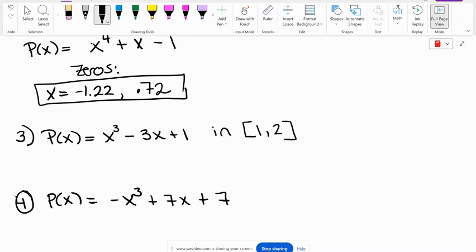For the non-calculator portion of the test, do you have to use synthetic? If it was integers or rational numbers, you would want to use factoring.